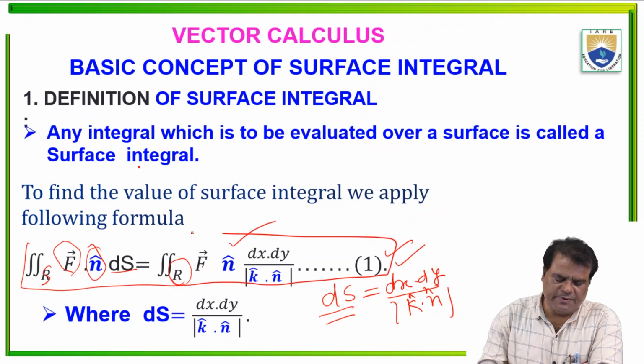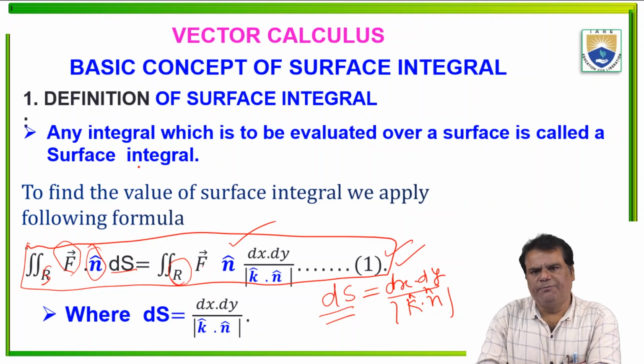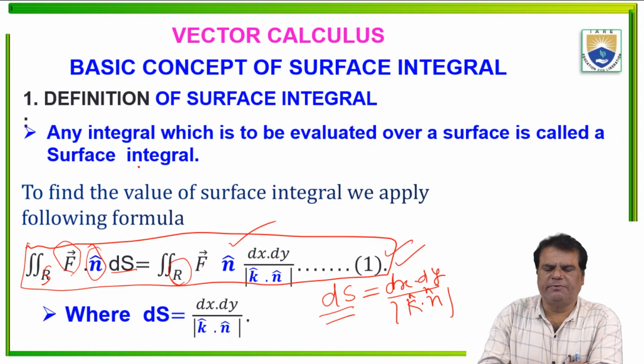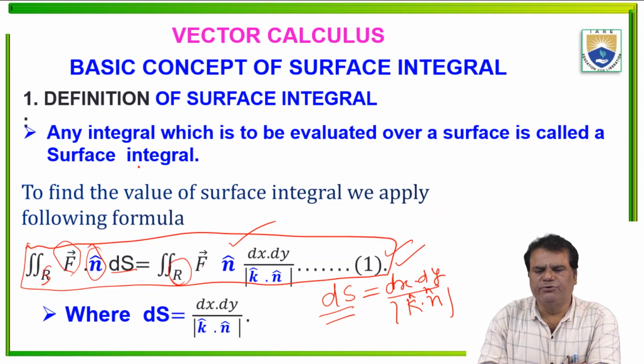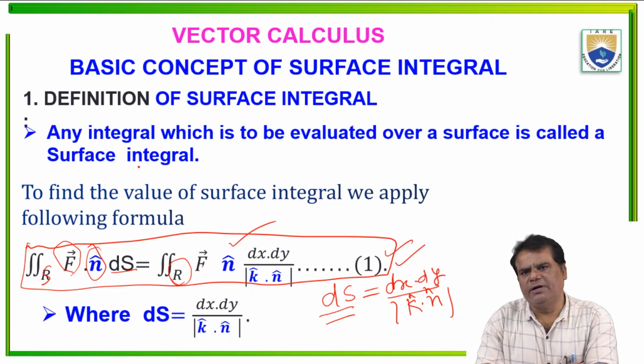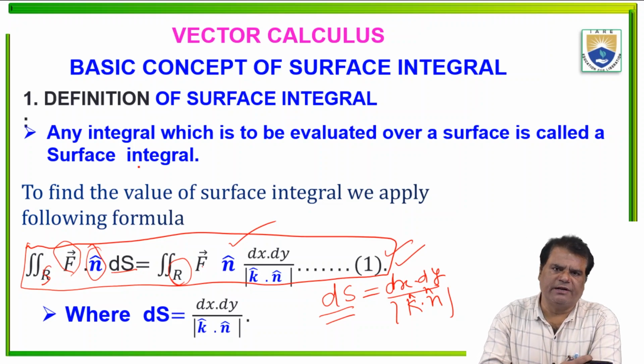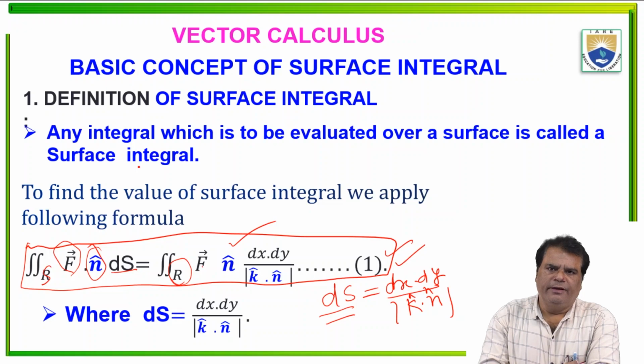This is a very famous formula. After it is proved, we use it in every question to find the value of a surface integral, or to evaluate an integral over a given surface.